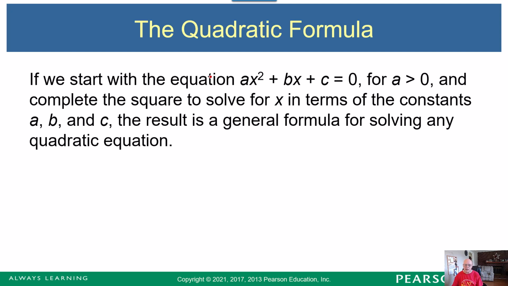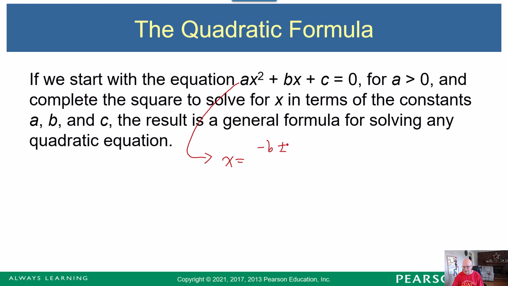If you like, ask me in class, and I'll actually do it for you in class. Some of you won't care about it. Just remember that this, if you solve it, leaving the a, b, and c there, your x can be solved like this.